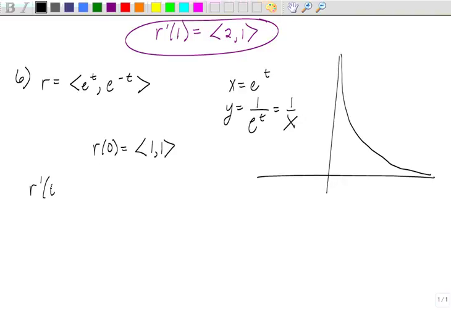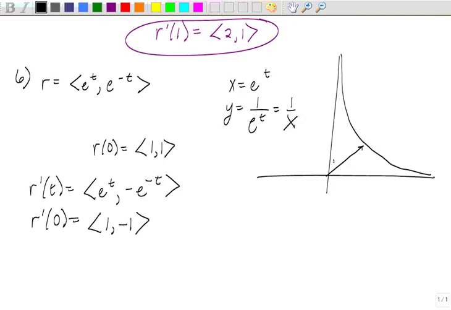R prime of t is the derivative of each one of those since they're differentiable. And R prime of 0 is (1, minus 1). So there's R of 0. (1, minus 1) is coming out that way. So if we draw it up here, you can see that it is a tangent vector.